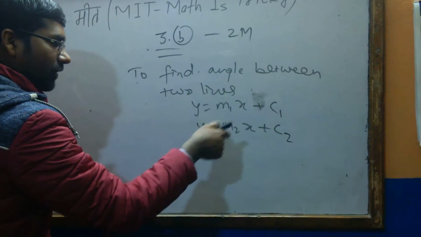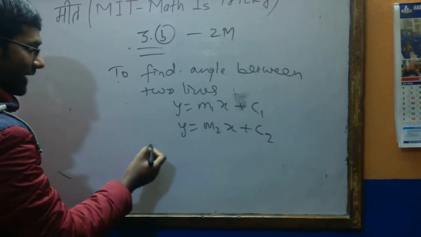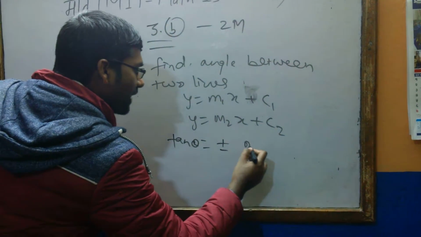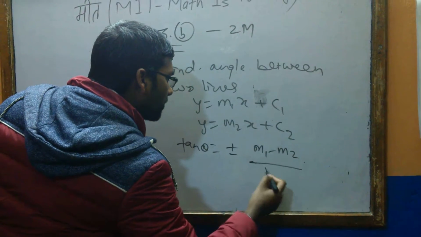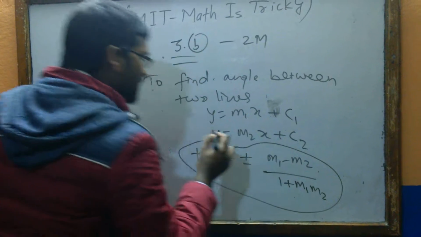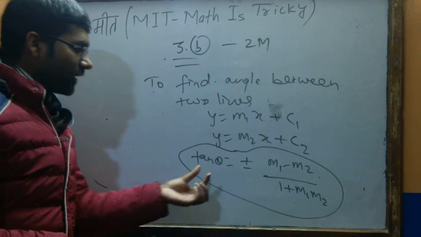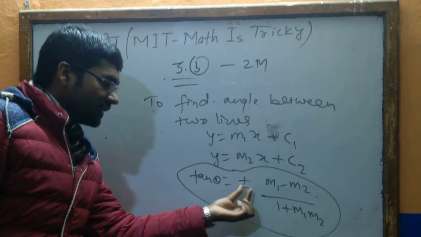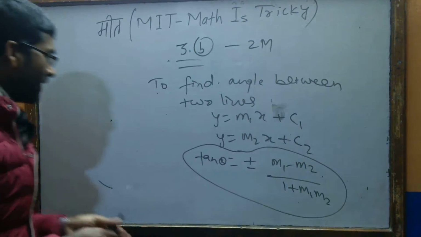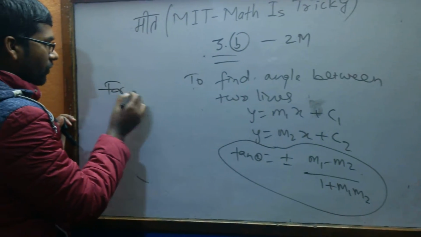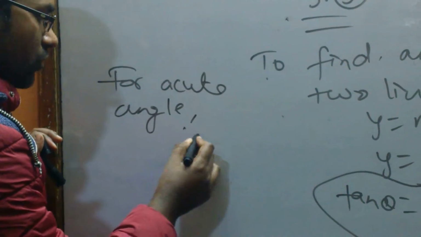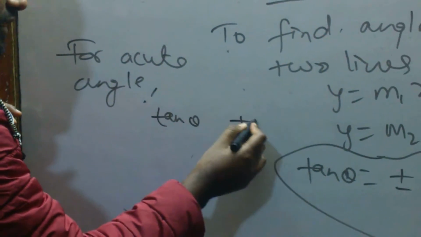In this case we find the angle by the formula tan theta equals plus or minus (m1 minus m2) by (1 plus m1 m2). I'm giving you the general concept. Sometimes the question will ask for only the acute angle, so choose the sign so that tan theta is positive.